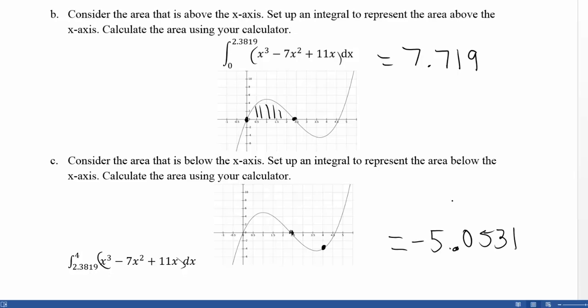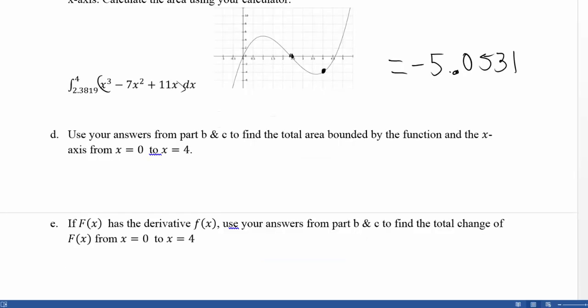So now I can evaluate a couple of other things. Part D. Use your answers from Part B and C to find the total area bounded by the function and the x-axis from 0 to 4. So here, the total area bounded means we need to look at the positive areas. So I'm going to take my positive area, 7.719, and then I'm going to add to it the area that's below.